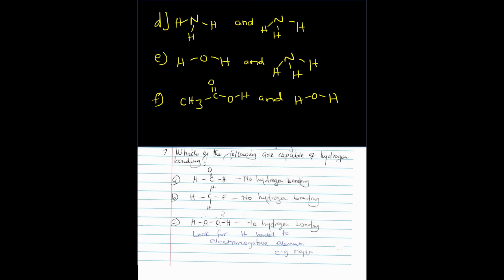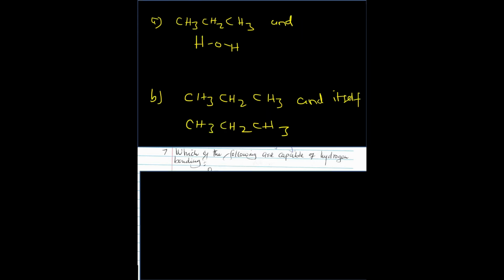Okay, so next let's see which of the following are capable of hydrogen bonding. I told you if you want to know if a molecule can hydrogen bond, you look for hydrogens bonded directly to an electronegative element like oxygen. So oxygen is electronegative.